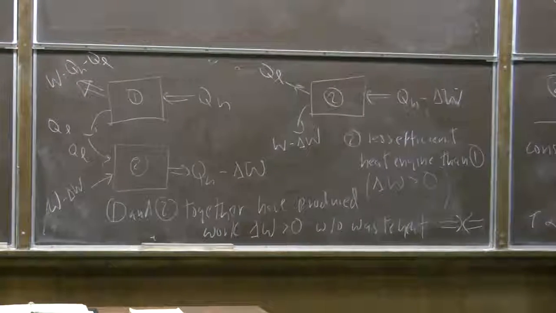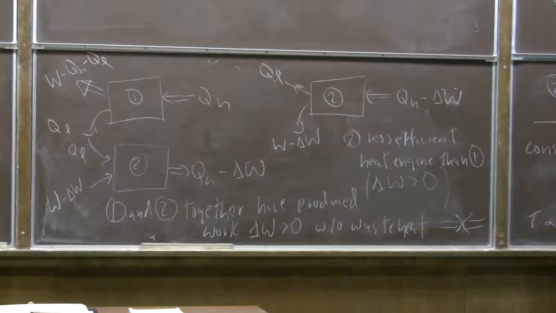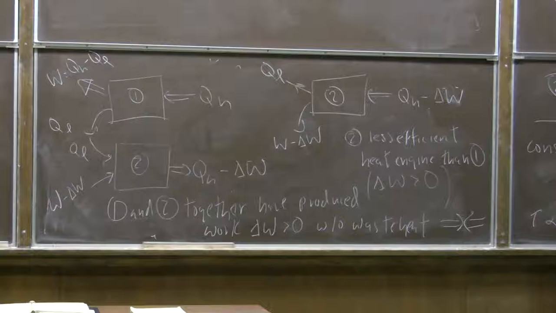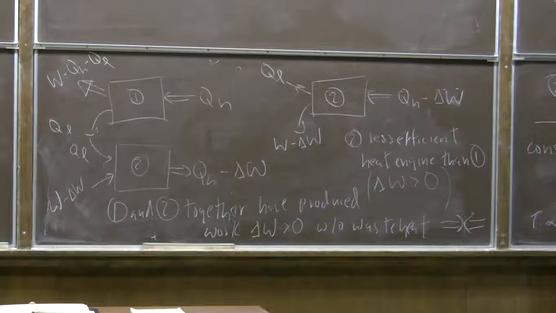He understood that there was an ideal efficiency. He understood that it was necessary to have waste heat, and it was really an amazing achievement, but it wasn't really recognized and didn't become widely known until after his death, when Kelvin discovered Carnot's work and let the world know about it. Okay.